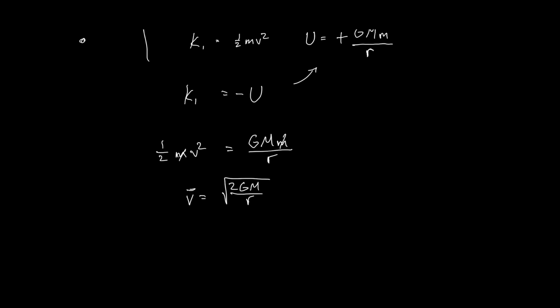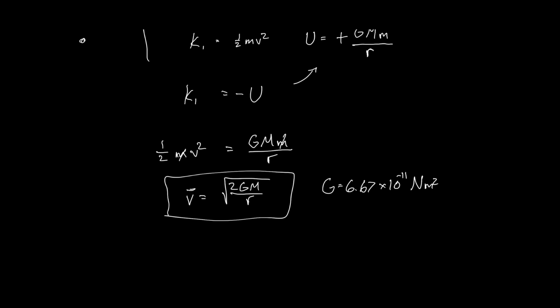So G equals 6.67 times 10 to the minus 11 newton meter squared over kilogram squared. Now, let's just write this out. So newtons, remember, are kilogram meters per second squared, okay?